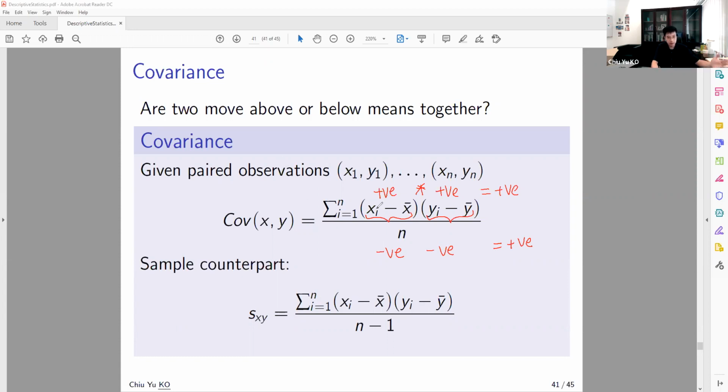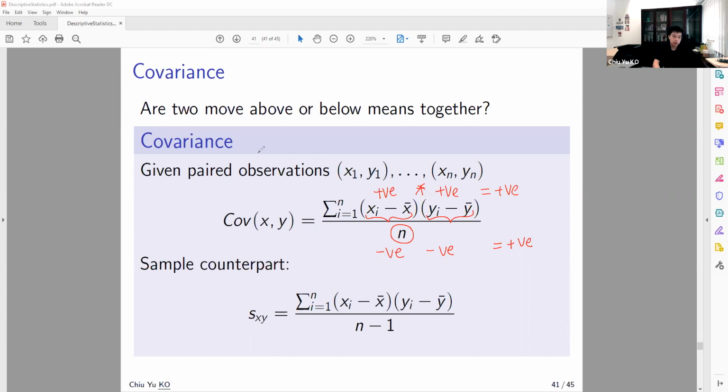If one is positive and one negative, it gives you a negative. So you add them all up, every observation, and this can tell you whether you want to use an upward sloping line or a downward sloping line. And of course, it's divided by n because with n observations it's the average product of deviations.